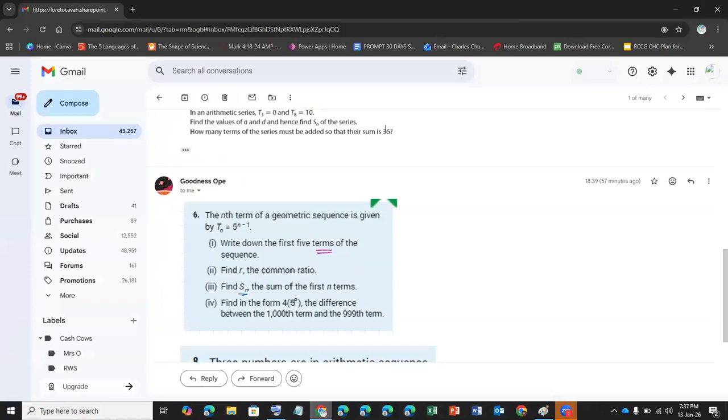It says find Sn. Which formula do you think we'll use for this? The Tn formula for what question? The third one. Oh, the S formula, the Sn.